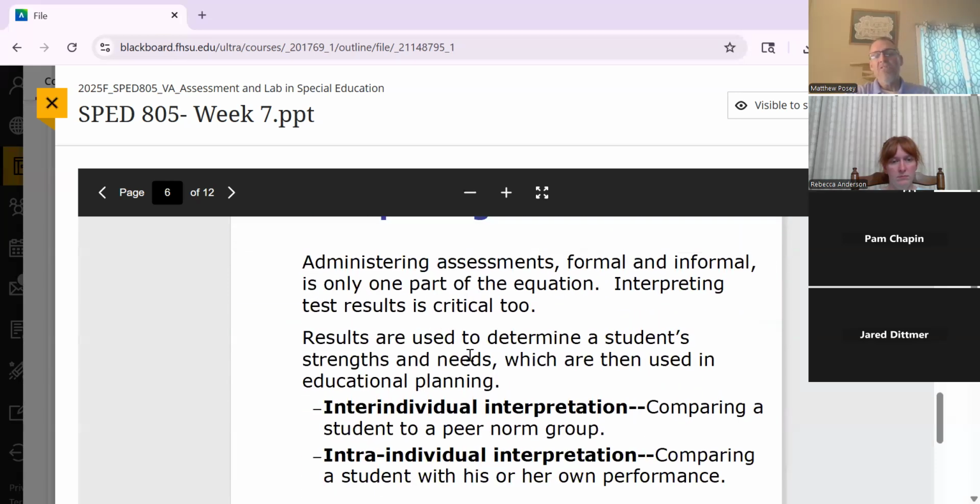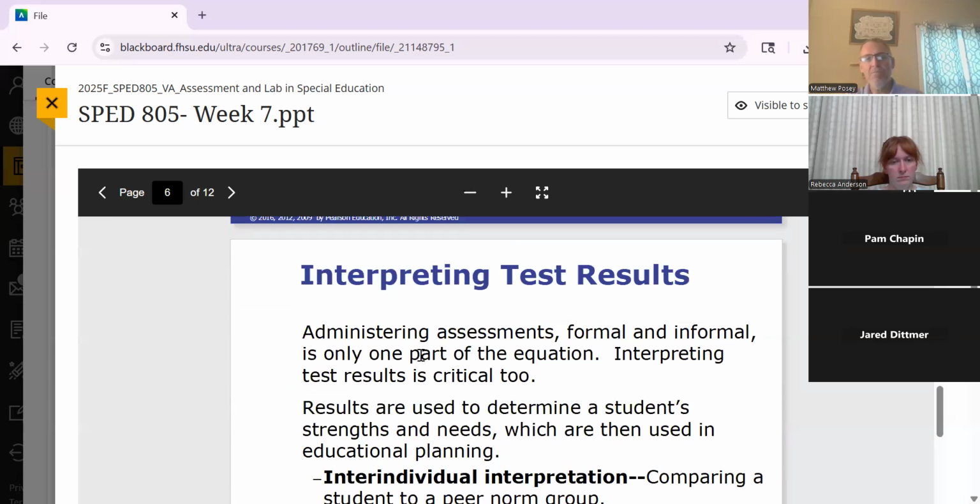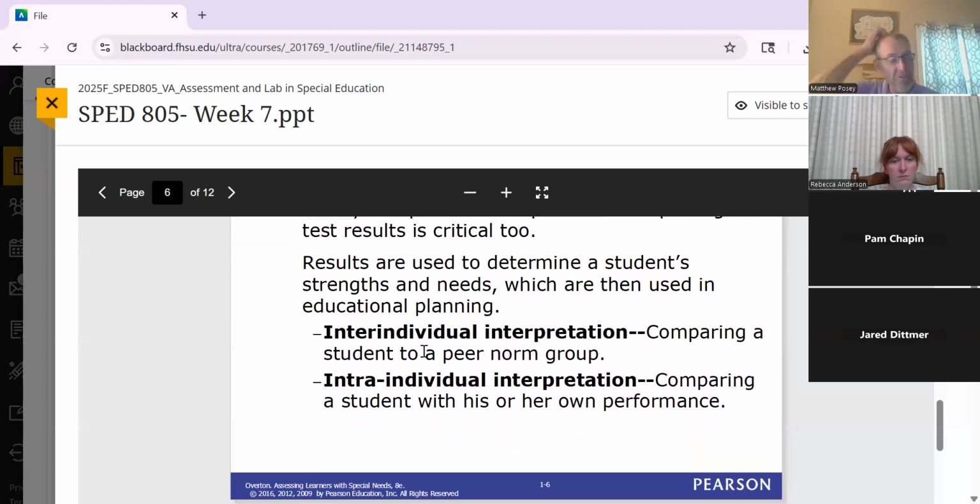Okay. So when we interpret those results after we've done informals, formal assessments, we go in and interpret, especially on the formal. Okay. Here are some terms you probably really won't get into a lot of them, knowing the specific term, but you'll know what they mean. So inter-individual interpretation. That's a mouthful. That's a lengthy term, right?